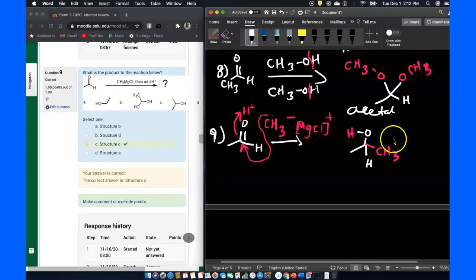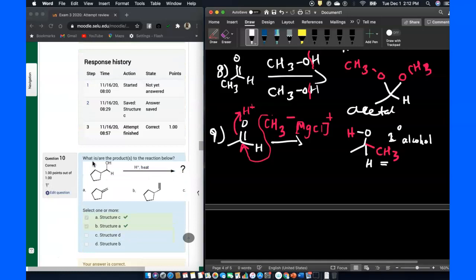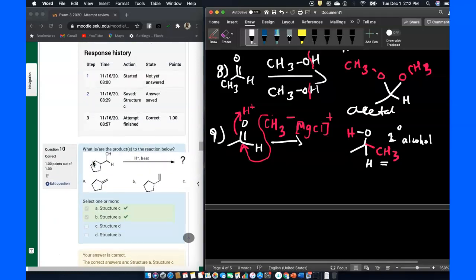This is an aldehyde. It's giving you a secondary alcohol. Okay, so this happens to be structure C, because if I don't write the CH3 showing its hydrogen, then you're gonna see it's structure C. Okay, moving on to question 10.